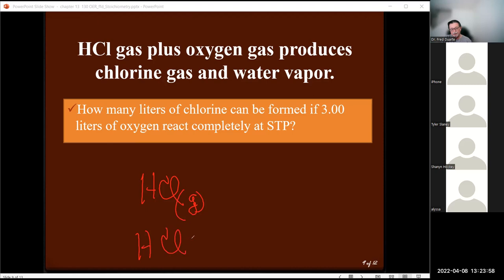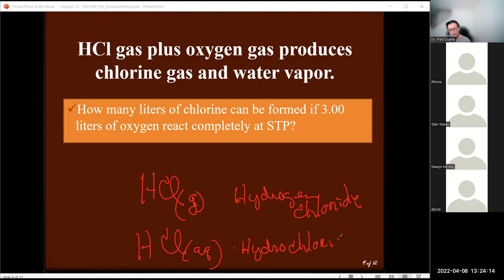HCl (aq) would be in aqueous form. So this would be hydrogen chloride versus hydrochloric acid, simply because of the different physical states that they're in.